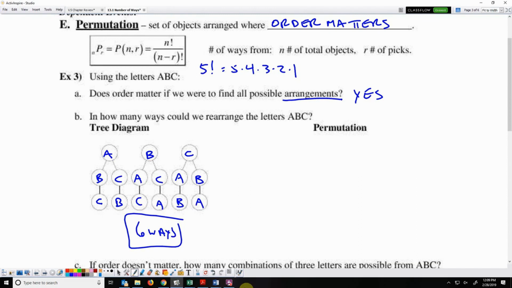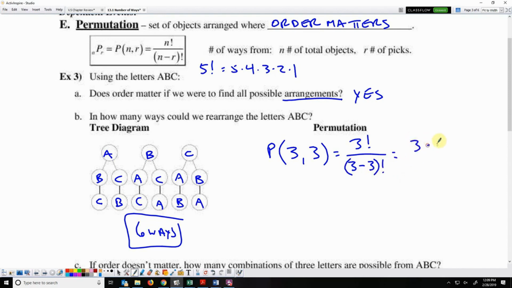Or if we do this as a permutation. So a permutation with N and R, 3 total objects using all 3 of them, is N factorial, the total number factorial. So that's 3 times 2 times 1. Let me just back it up and write that that is 3 factorial over N minus R factorial. 3 minus 3 factorial.